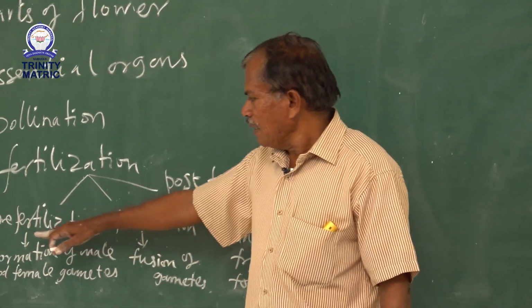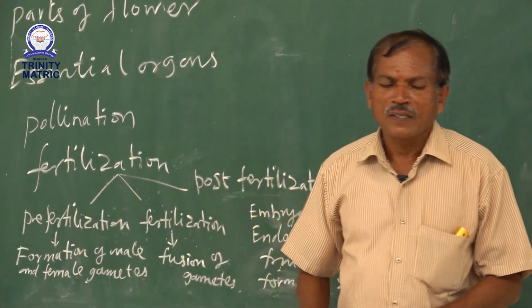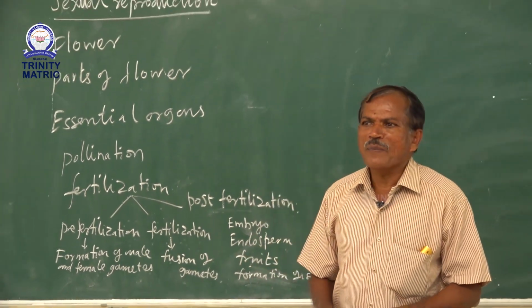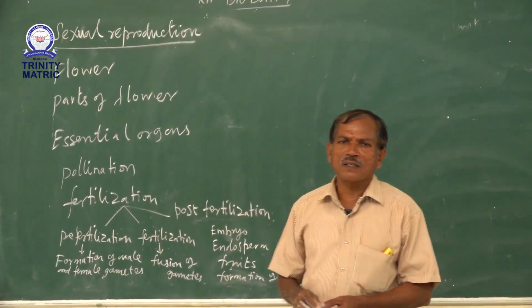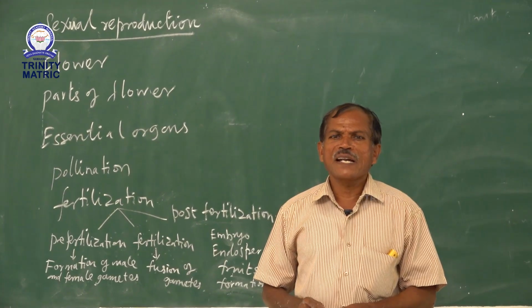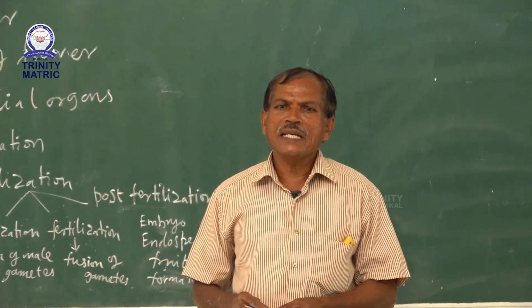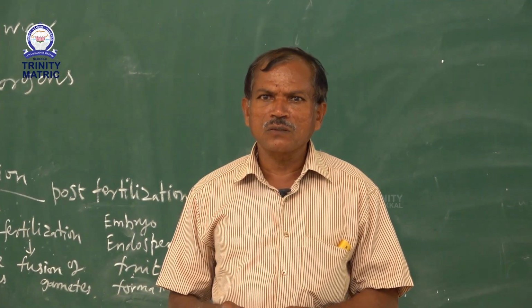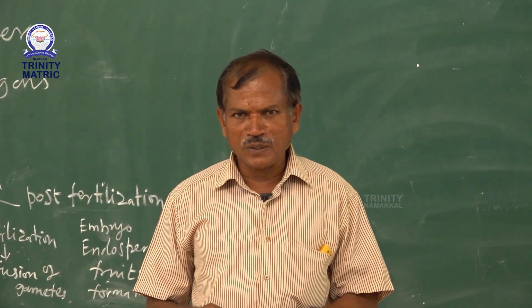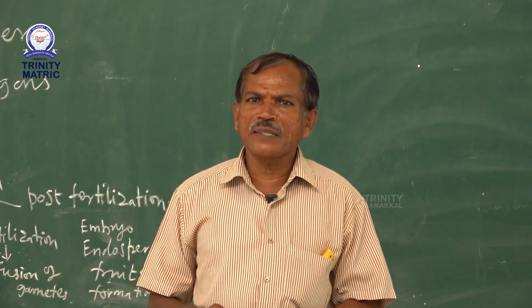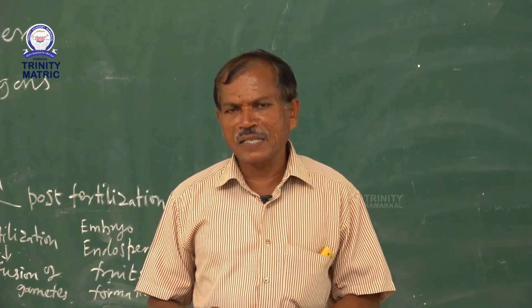First, pre-fertilization. All of you know that the male reproductive part of a flower is called the androecium. The androecium consists of a number of stamens. Each stamen develops pollen grains, and the pollen grains carry the male gamete.